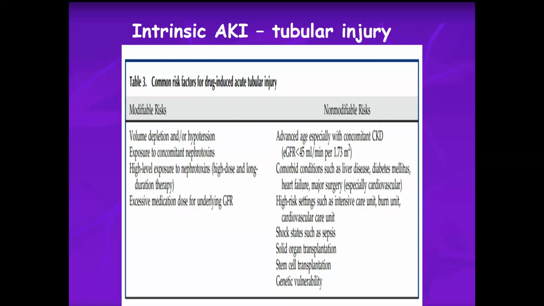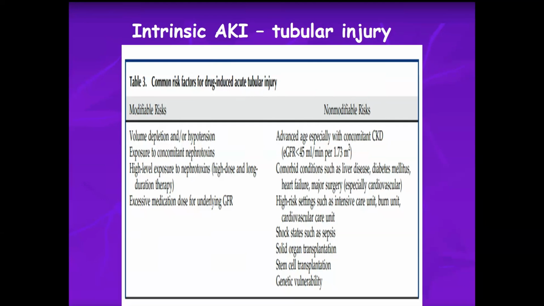So with intrinsic AKI, obviously you get a tubular injury. So your modifiable risk factors for those things are probably obviously volume depletion, exposure to multiple nephrotoxins, and high exposure, long exposure of the drugs.